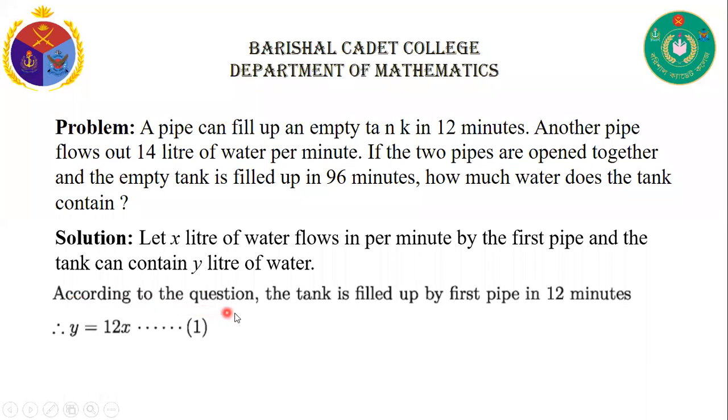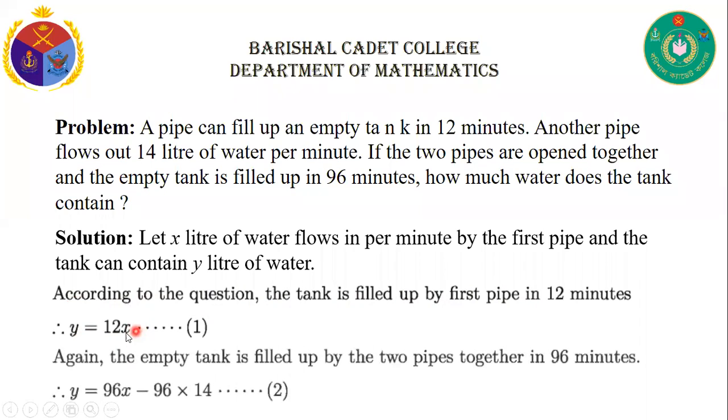Then, according to the question, the tank is filled up by the first pipe in 12 minutes. That is Y equal to 12x. Again, the empty tank is filled up by the two pipes together in 96 minutes. That is Y equal to 96x minus 96 into 14.